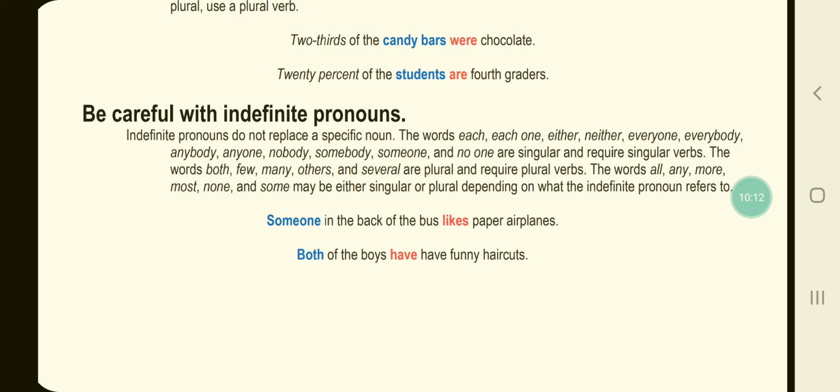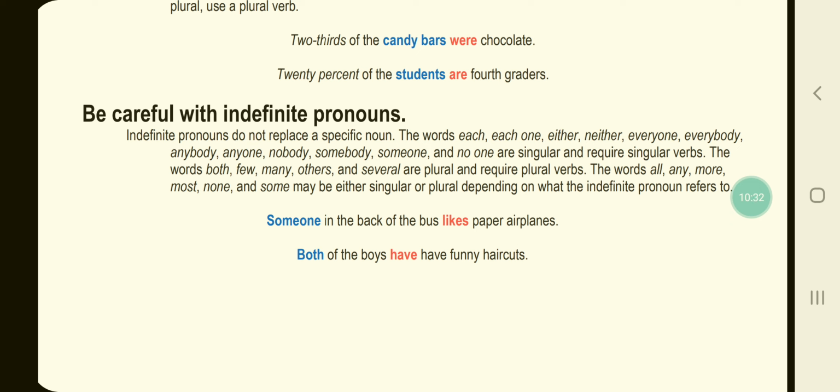Next is, be careful with indefinite pronouns, children. The area which needs your attention. The words each, one, either, neither, everyone, everybody, anybody, anyone, etc. and no one are singular, and they always require a singular verb.